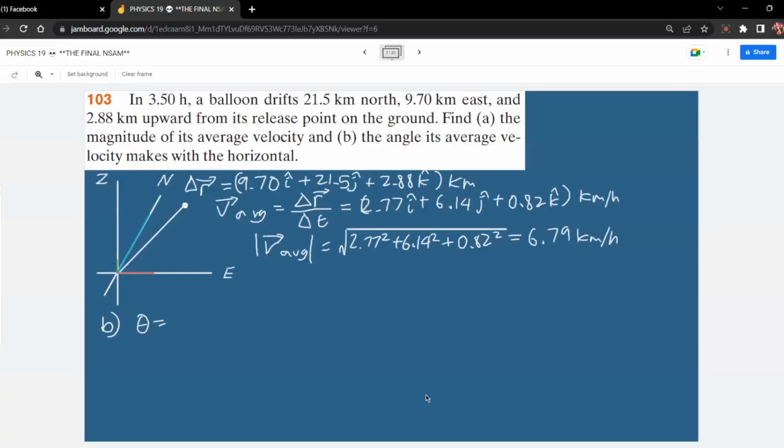So that's easy. Tangent inverse of the z. What's the z? 2.88 over yung magnitude of the xy. Equals 6.96 degrees.